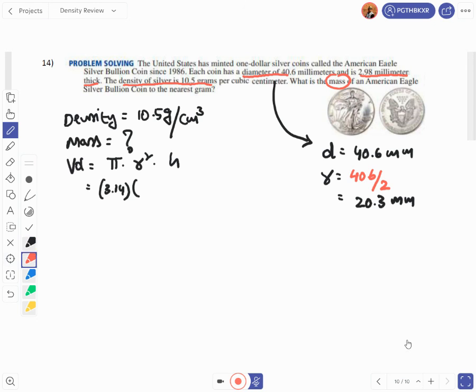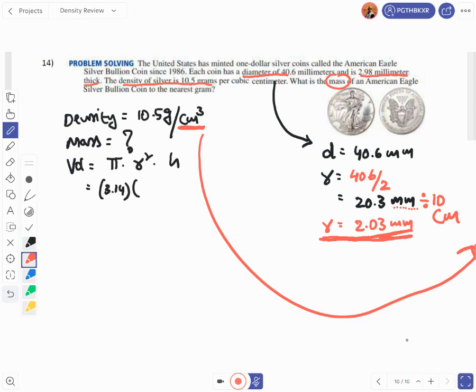But please notice that the units are given here in cubic centimeters. Therefore, I have to convert this into centimeters. While converting from millimeters to centimeters, you have to divide by 10. Then you get 2.03 centimeters. Again, you have to divide by 10 in order to convert to centimeters, because the units are centimeters.